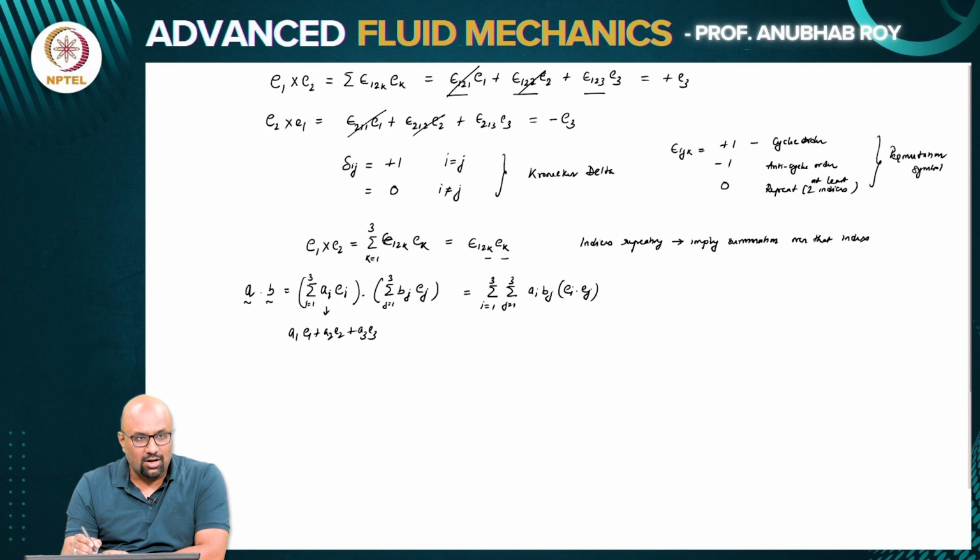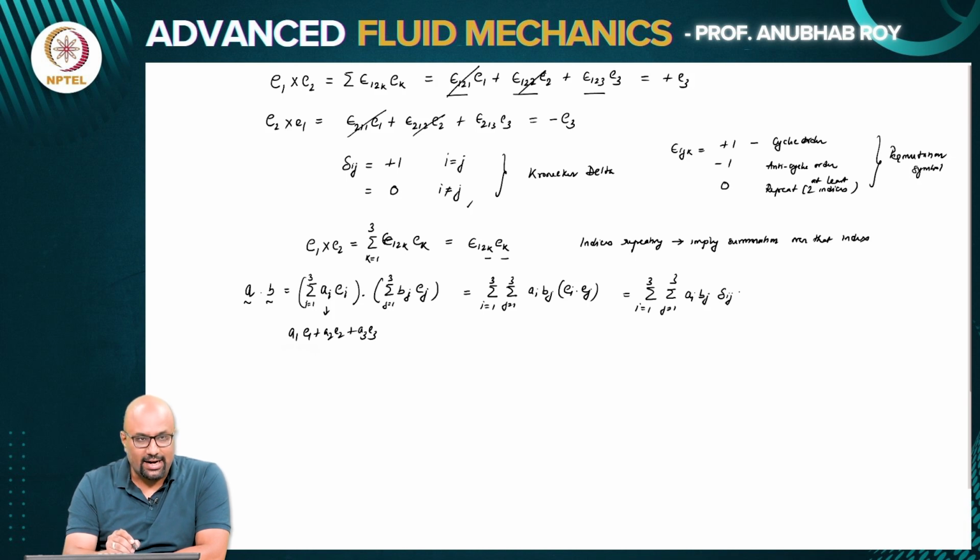And we just saw that Ei dot Ej would obviously be non-zero if both are the same. If they are different, I am basically going to get 0. So, I can write it as delta ij. So, Ei dot Ej gives me delta ij. Now I have A dot B written as Ai Bj delta ij.